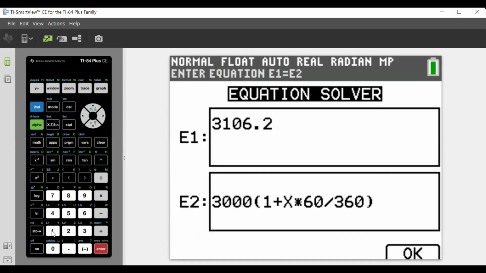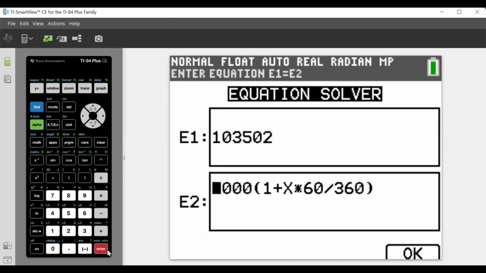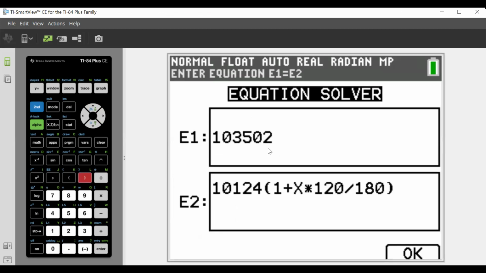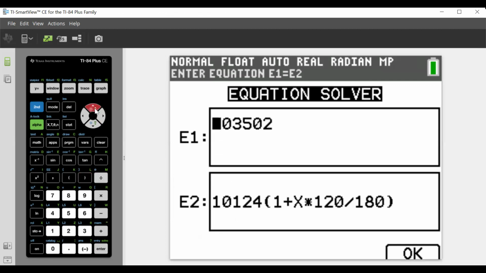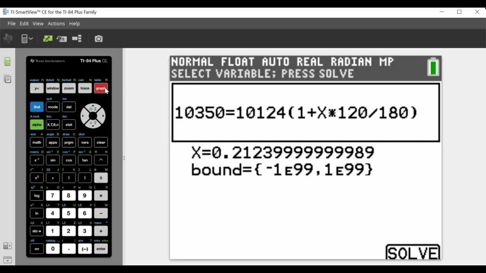This is going to be 10,350 equals 10,124 times 1 plus x, which is our r in this case, times 120 divided by 180. Oops, that doesn't look right up there. 10,350, no 2 on the end though. All right, let's try that.